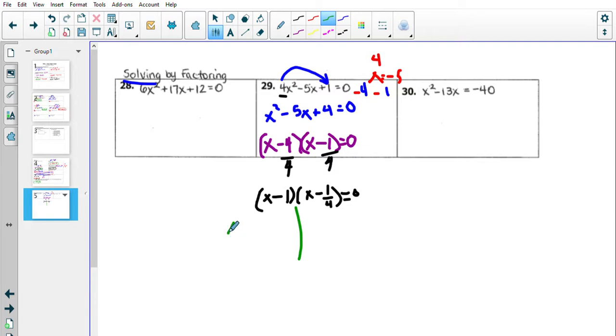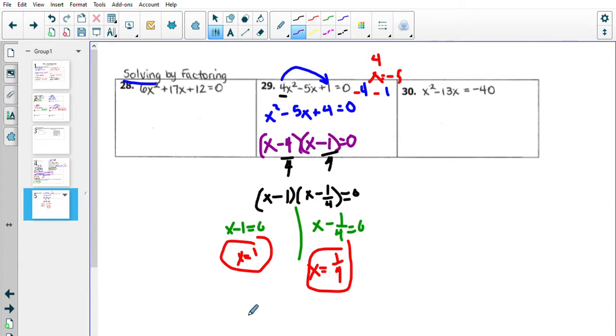And I can do x minus 1 equals 0, and I can do x minus 1/4 equals 0. And then we just get the opposite, right? If x minus 1 equals 0, then x is equal to positive 1. And if x minus 1/4 is equal to 0, then x is equal to positive 1/4.